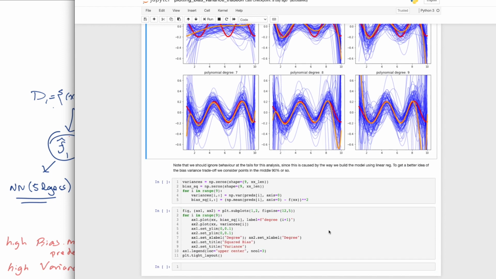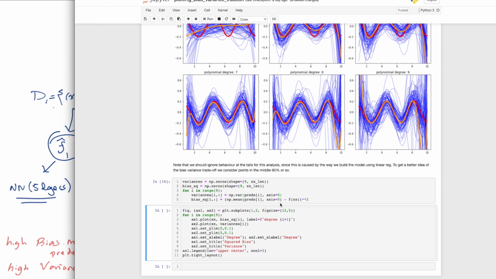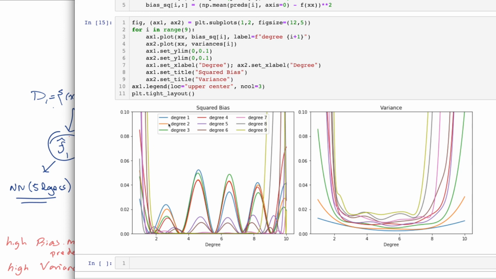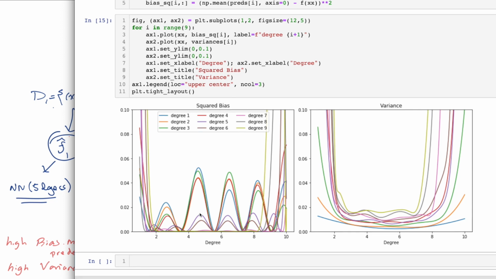Okay. Now, I think that's kind of it for the bias variance decomposition. What I did here is just to actually plot, for the 9 sets of models, sorry, we have 80 models for each degree of features. So for the linear models, I look at the squared bias.